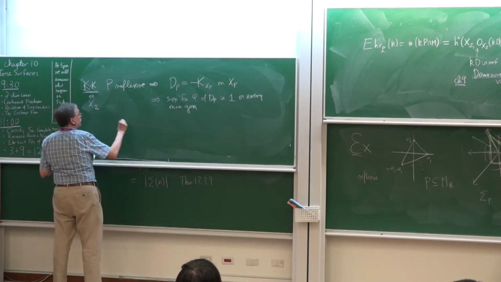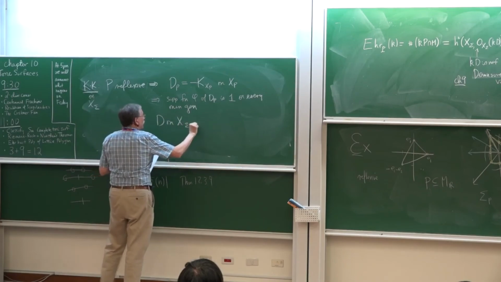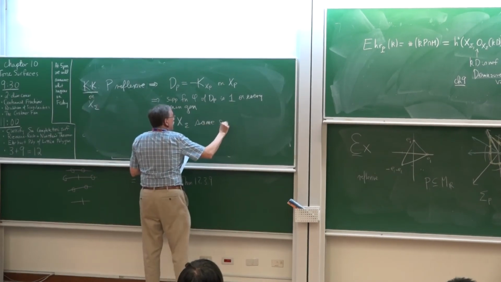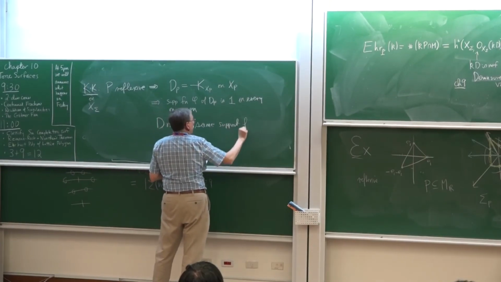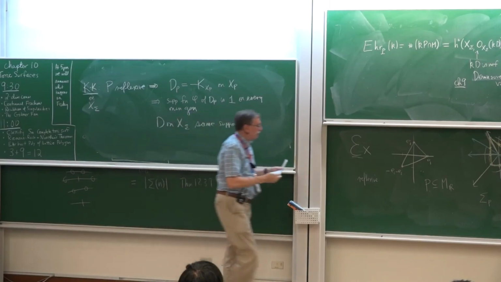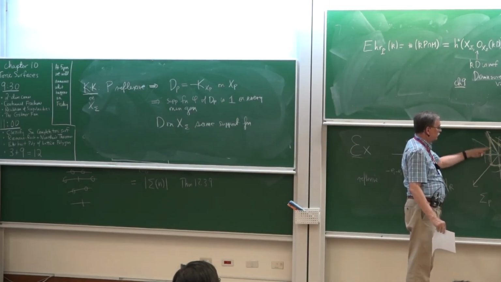And the point is that D on X sigma has the same support function, and notice that it's equal to 1 here, it's equal to 1 here, it's going to equal 1 on this line, so it's equal to 1 here and here.